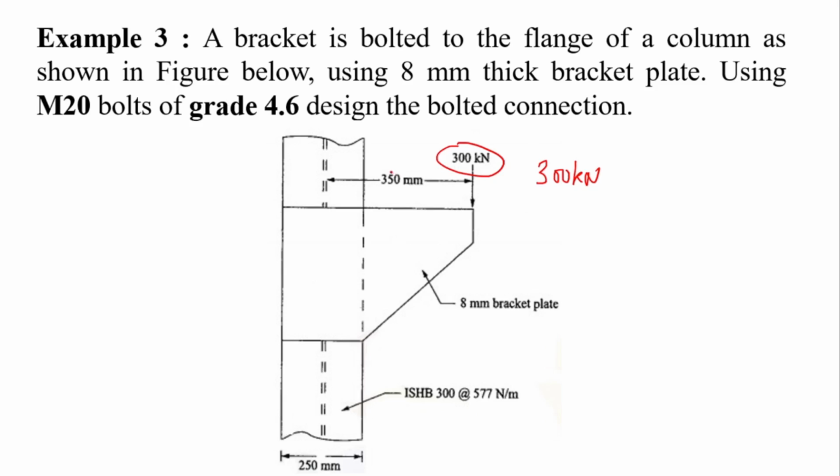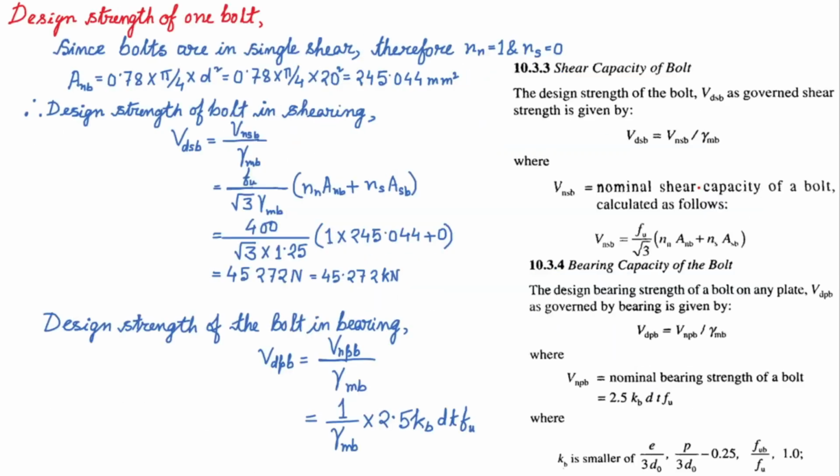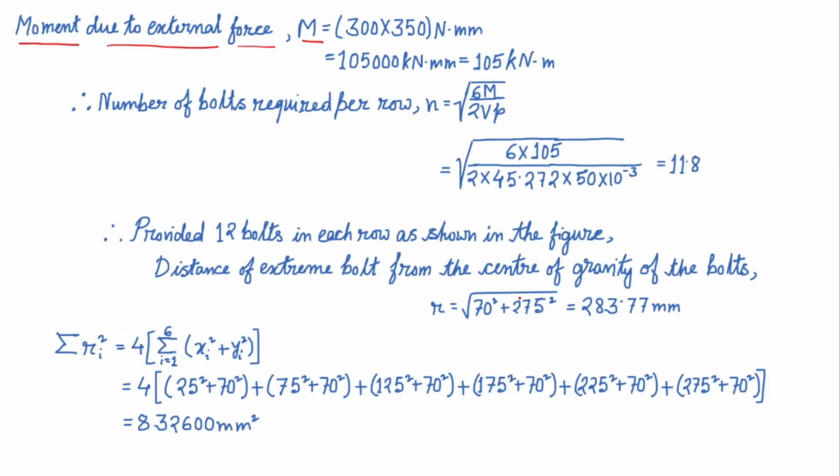So the moment M is equal to the force into the distance 350 mm. Here we have calculated the moment as 105 kilonewton meter.